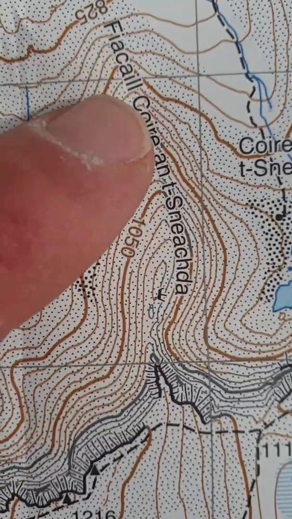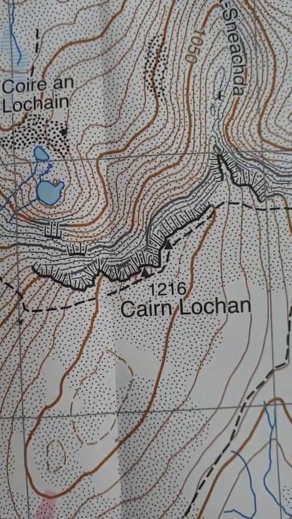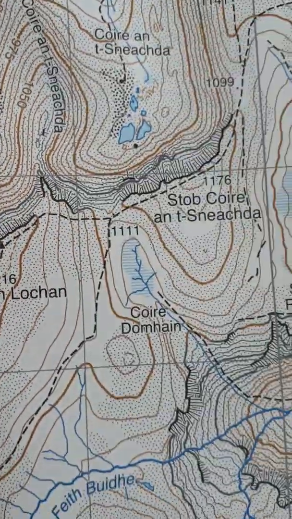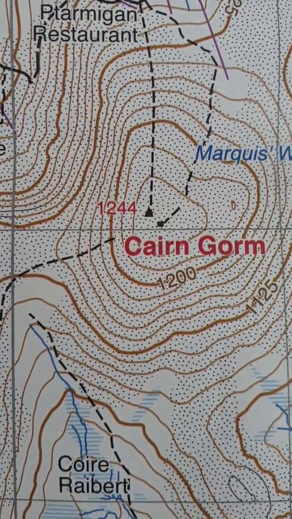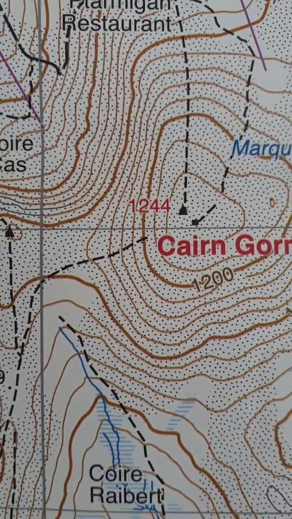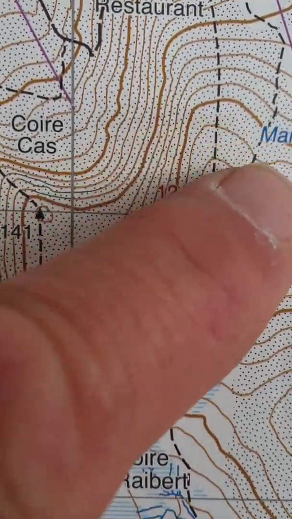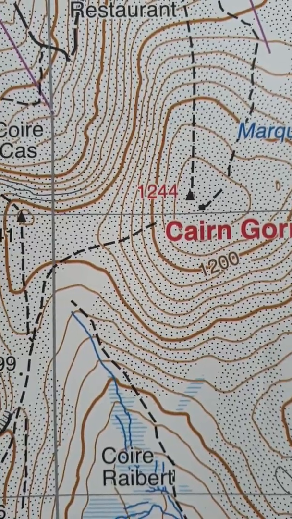That's a bit of a nose, so this is a ridge. This is one of the big corries, Coire an Lochain. And if we look at Cairngorm, we can see they're not round circles, but the contour lines have joined up to form a roundish shape there, so that represents a summit.